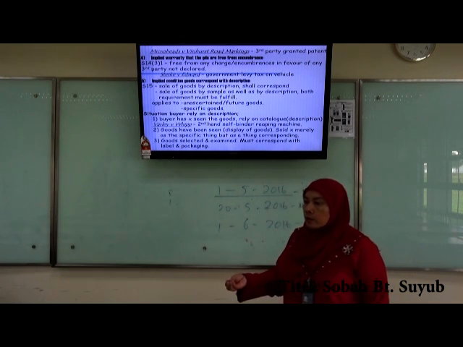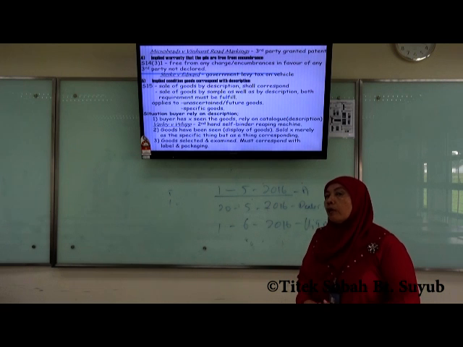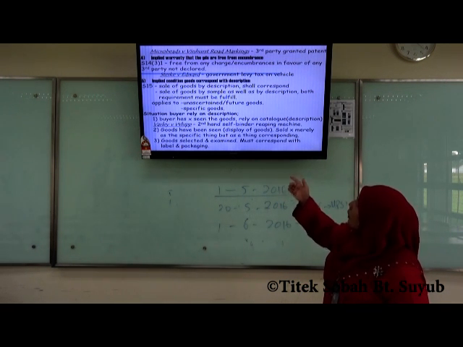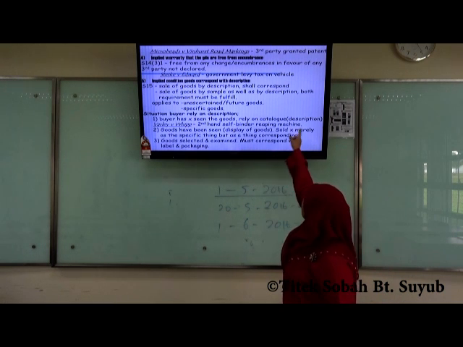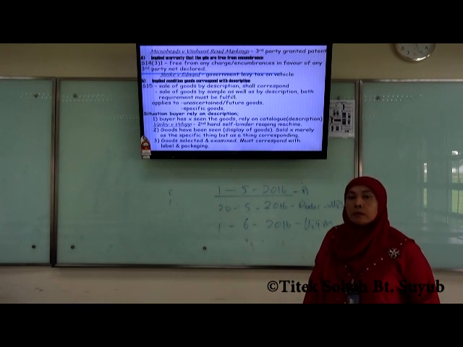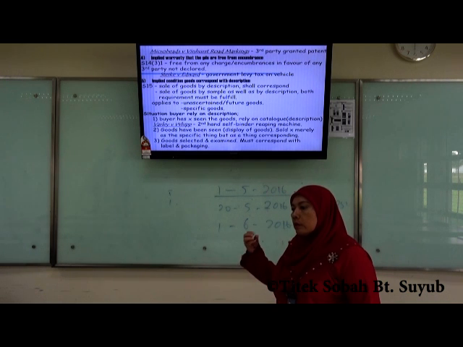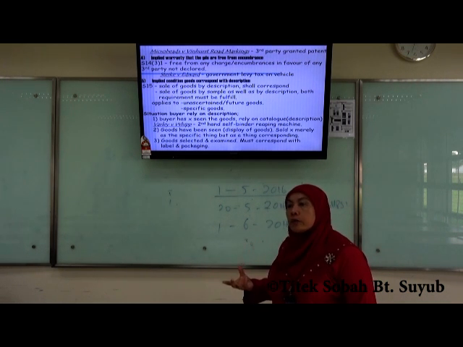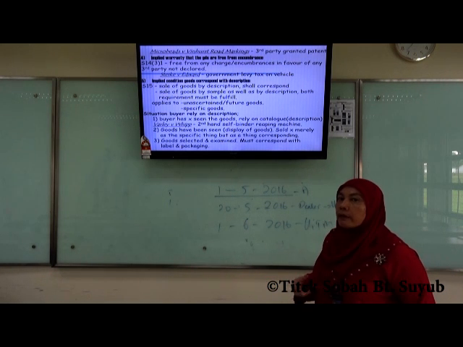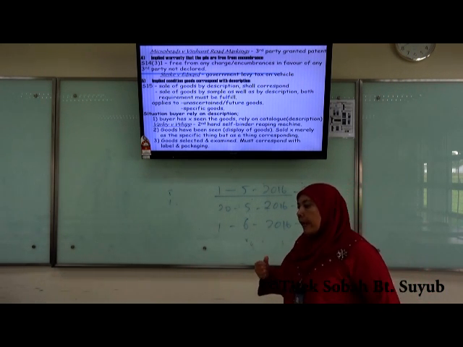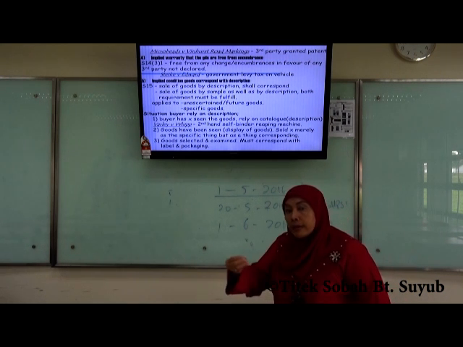So if the goods are sold not only through description but also through sample, then under that situation, they need to correspond not only with the description, but also must comply with the sample. An example of this kind of goods is cookies sold before Hari Raya, for the festive season. They will allow the customer to taste the cookies.